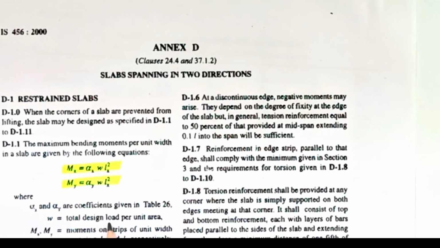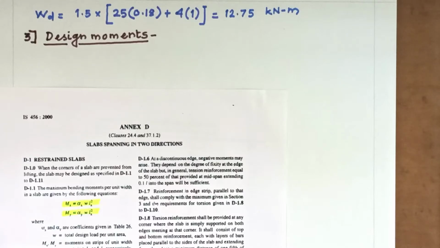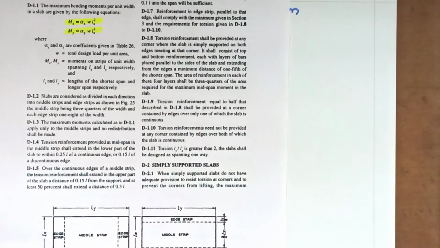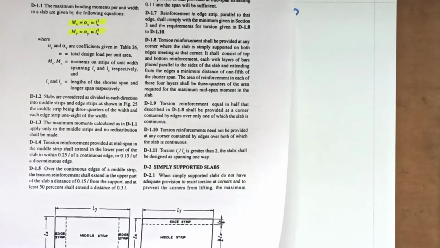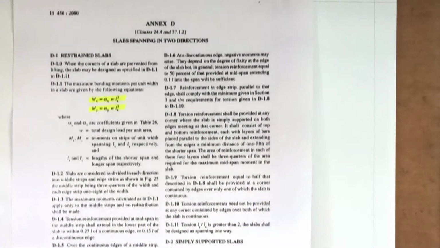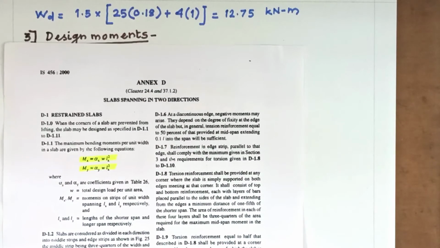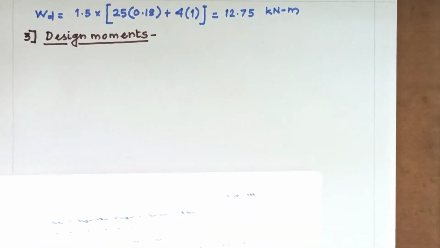W is total design load per unit area, and Mx and My are moments on the strips of unit width spanning Lx and Ly. Okay. So this is given on page number 90 of IS 456-2000, and it is given in annexure D. Okay.